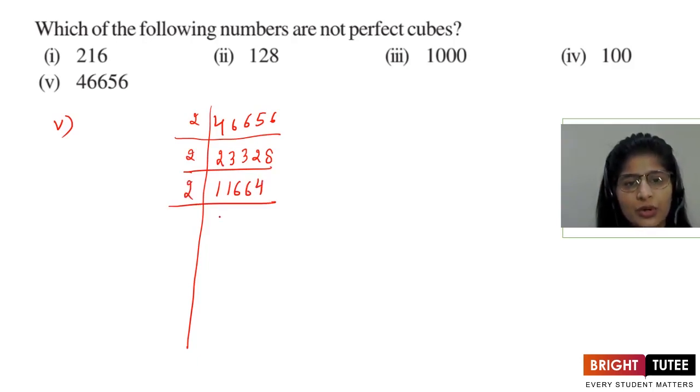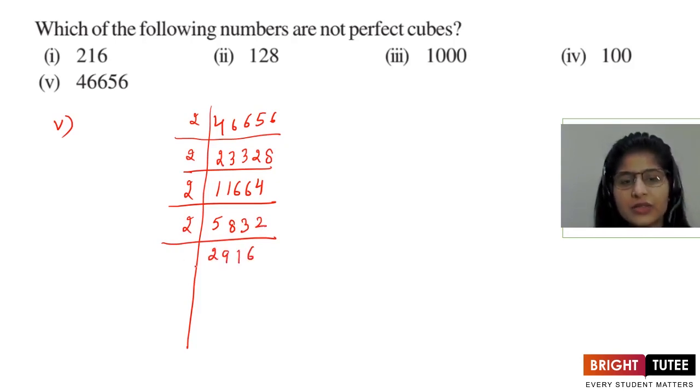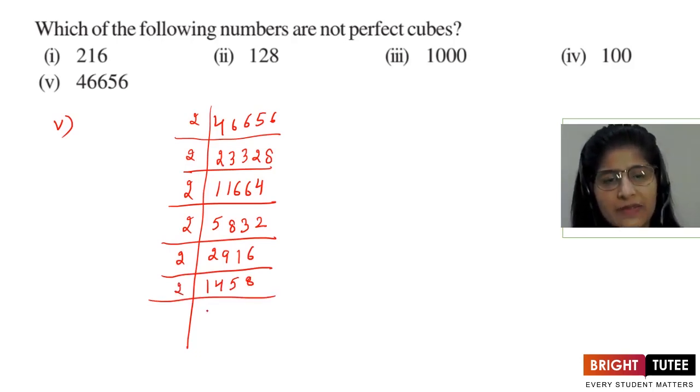Now again with 2, 2 5s are 10, 2 8s are 16, 2 3s are 6, 2 2s are 4. Now again with 2, 2 2s are 4, 2 9s are 18, 2 1s are 2, 2 6s are 12. Again with 2, 2 1s are 2, 2 4s are 8, 2 5s are 10, 2 8s are 16. Again with 2, 2 7s are 14, 2 2s are 4, then 18 is left, 2 9s are 18. Now 729 is there.